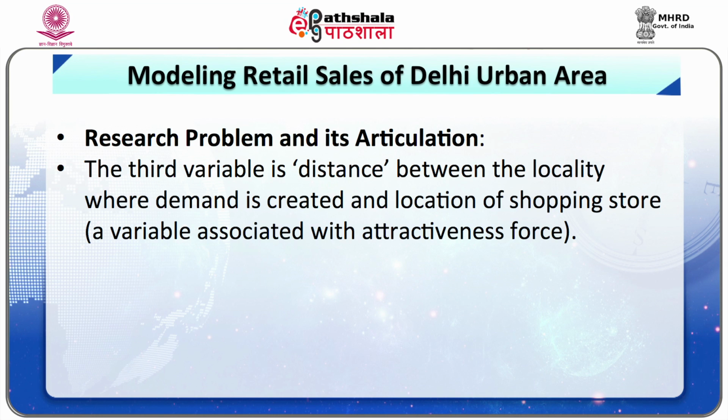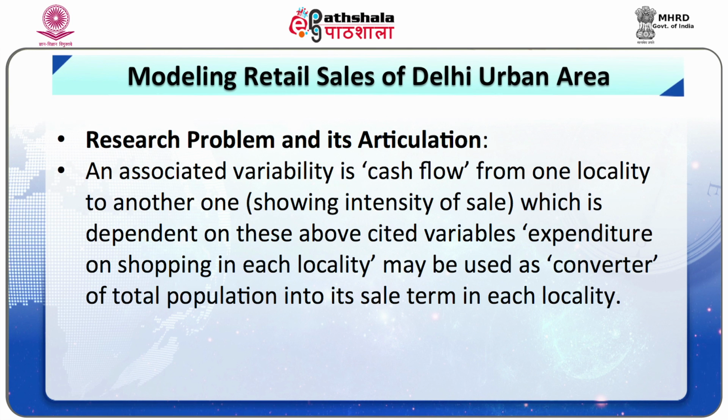The third variable is the distance between the locality where demand is created and the location of the shopping center, that is a variable associated with attractiveness force. An associated variable is cash flow from one locality to another one, that is showing intensity of sale, which is dependent on the above cited variables.